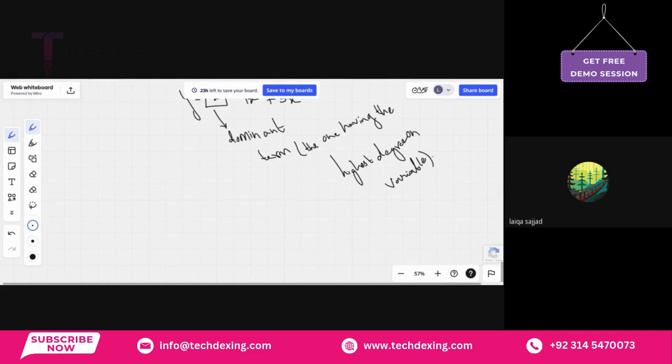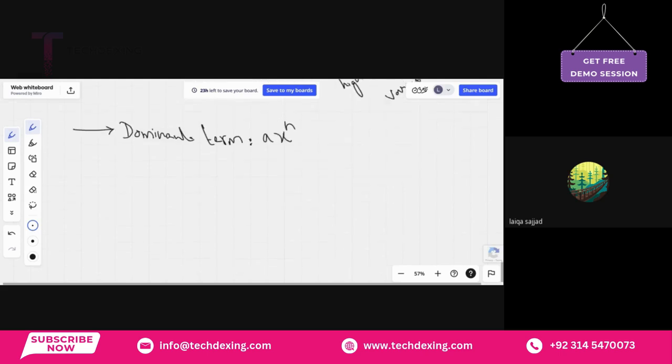If I write it in a general form, the dominant term can be written as a coefficient a, written with the variable having the highest degree n in the equation. So just by analyzing this dominant term, we can figure out the graph.